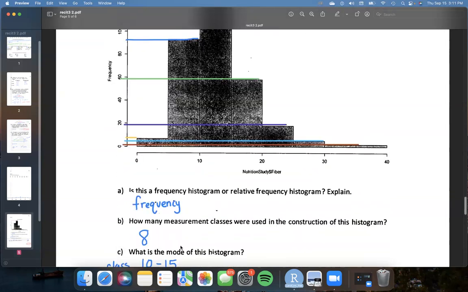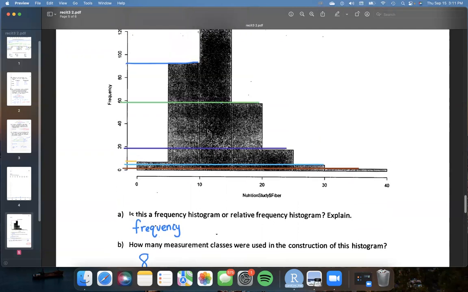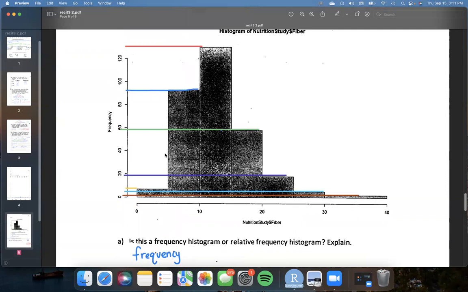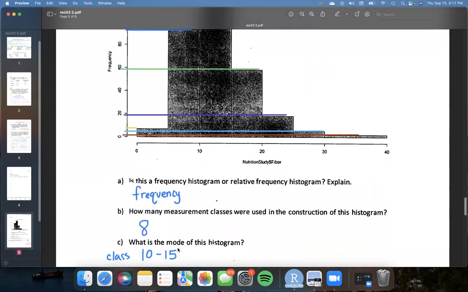You could actually find the specific mode using R. Instead of just giving a class, which is all I can give from this histogram, if you were to download the data and use the mode function in R, it will give you the specific number.